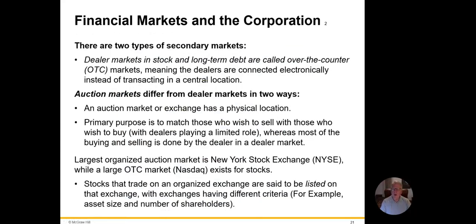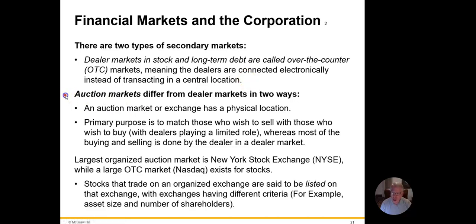All right. There are 2 types of secondary markets. The dealer markets in stock and long-term debt are called over-the-counter markets, OTC, meaning the dealers are connected electronically instead of transacting in a central location. So that's usually where the little guys reside.